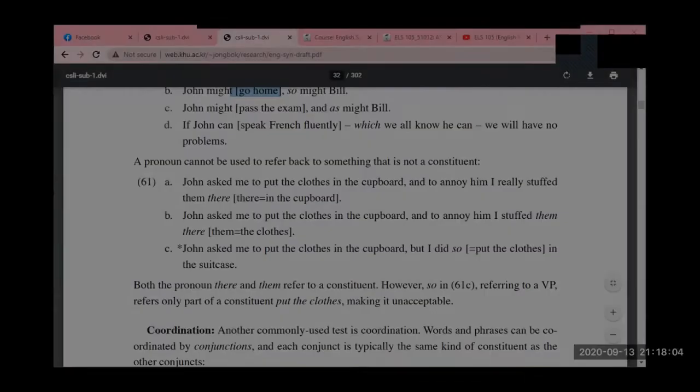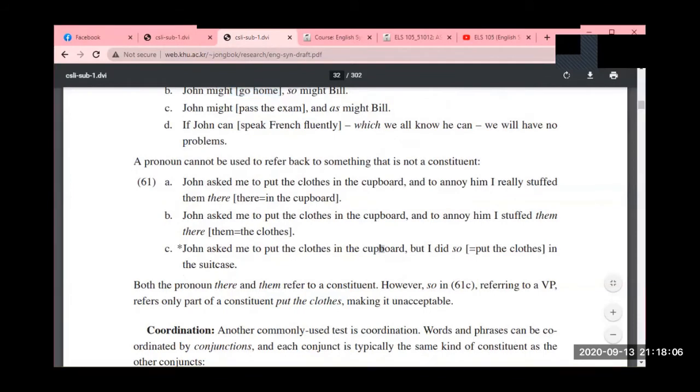Okay, so let's proceed. A pronoun also cannot be used to refer back to something that is not a constituent. For example, John asked me to put the clothes in the cupboard to annoy him. I really stuffed them there. There could be misleading. It could be the clothes, it could be the cupboard, or something else.